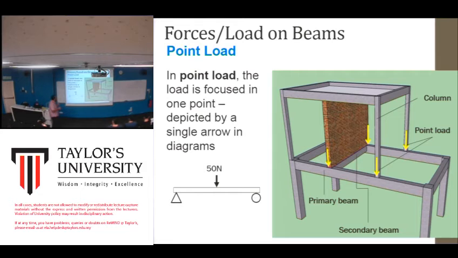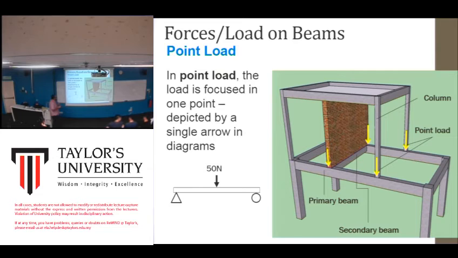So let's say here, okay, this is the support, right? Sorry, this is a beam, supported by these two columns, right? So this will be the point load. A column that connects with the beam and also this wall on top of this beam.